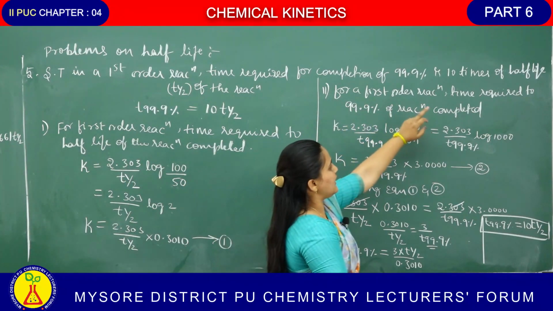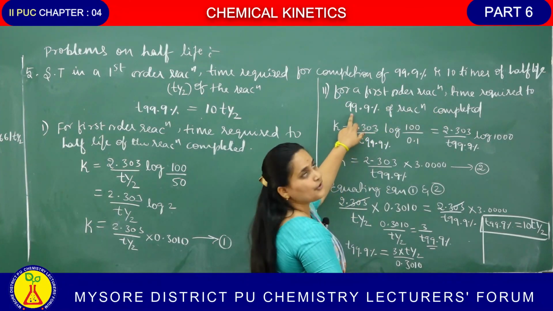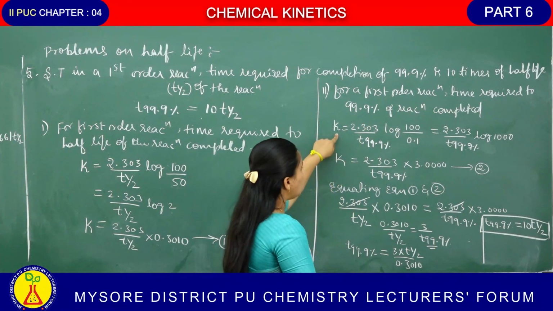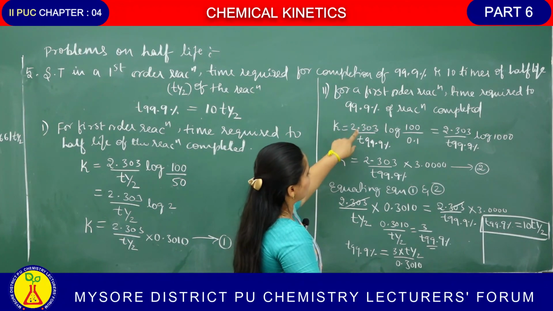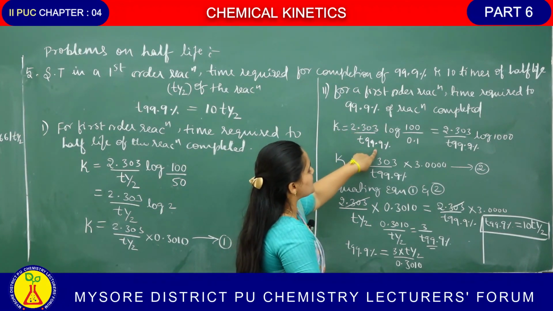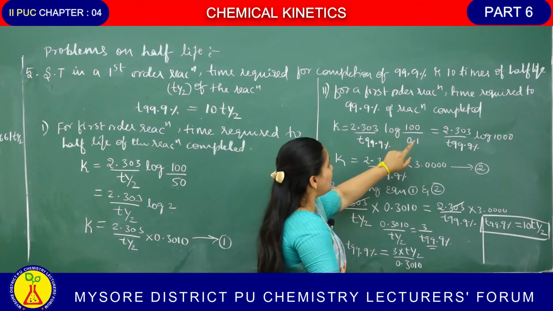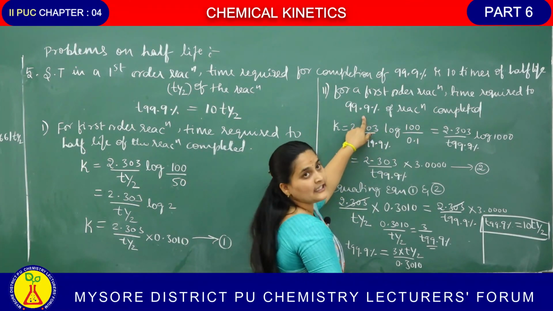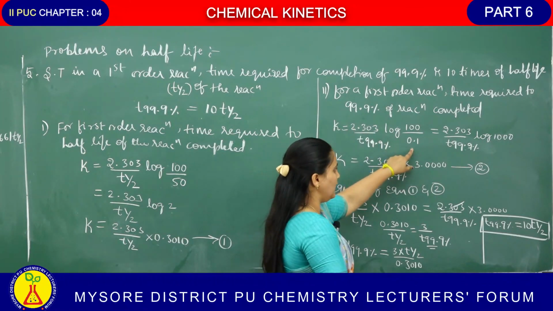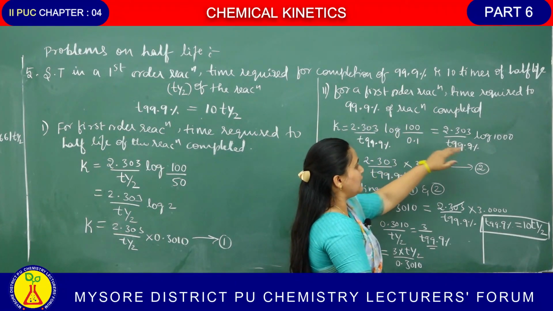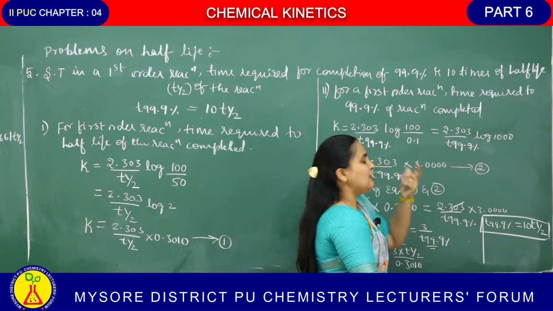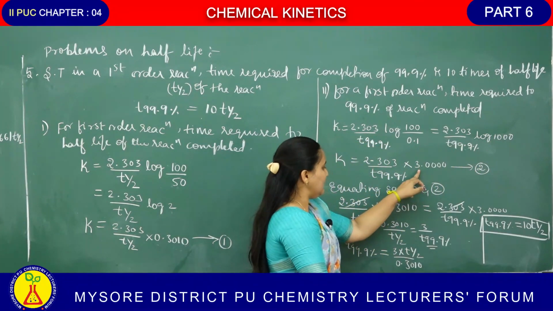For a first order reaction, time required for the completion of 99.9%, K is equal to 2.303 divided by t 99.9% log, initially it was 100, finally 100 minus 99.9, we get 0.1. 100 divided by 0.1 simplifies to log 1000, and log 1000 value is 3.